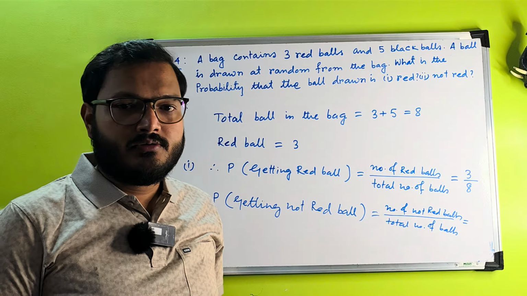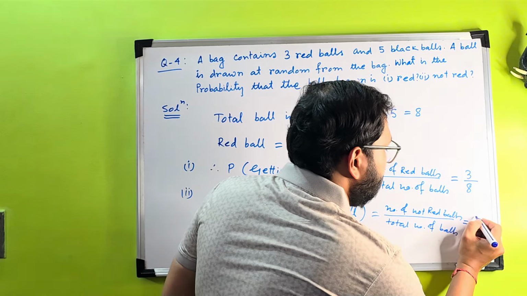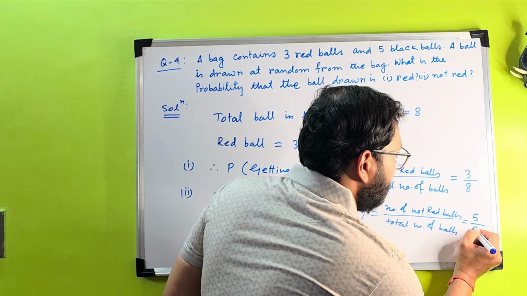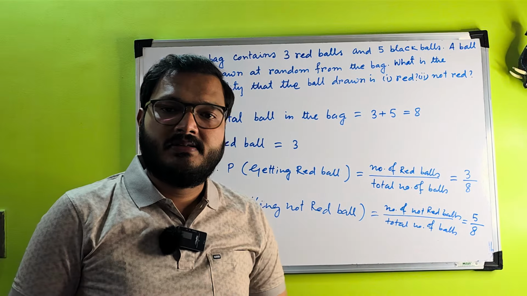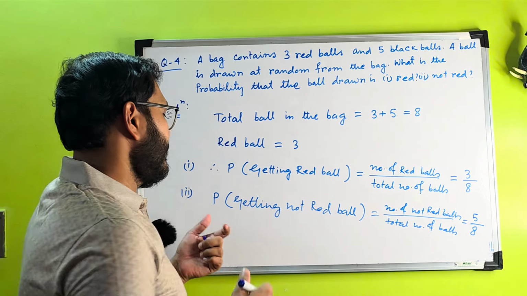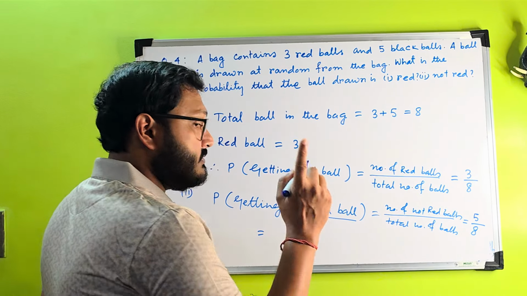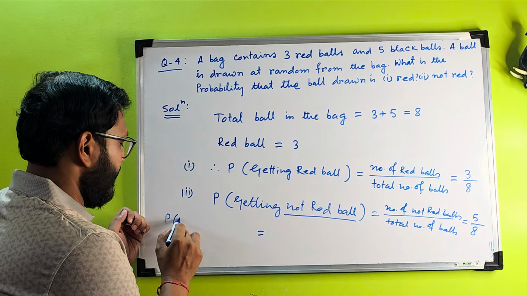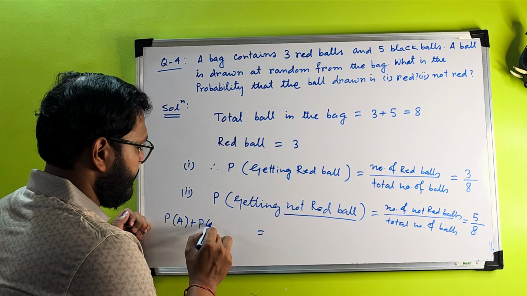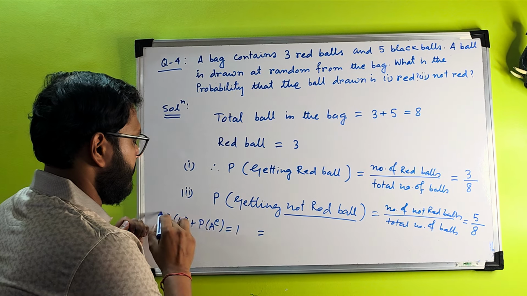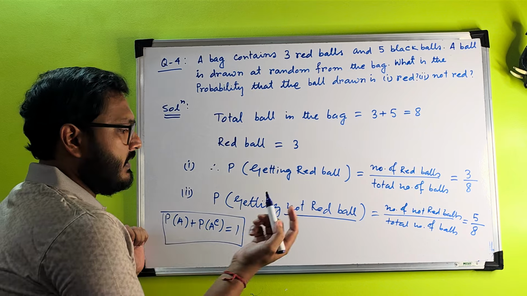There are two kinds of balls, so 5 by 8. You can solve by this way or another way. Since it says not red ball, we can use the formula probability of A plus probability of A complement equals 1.